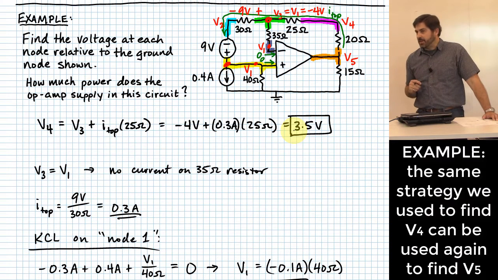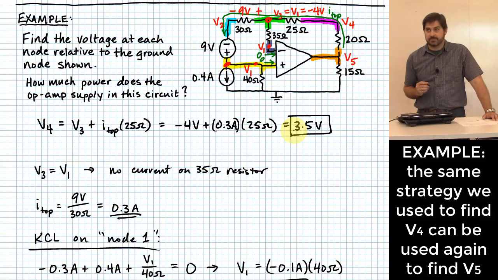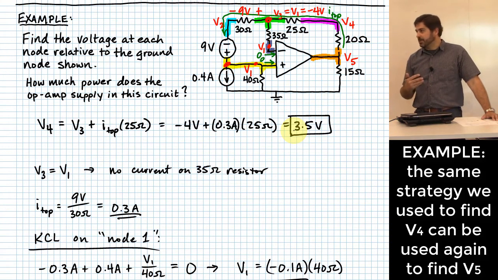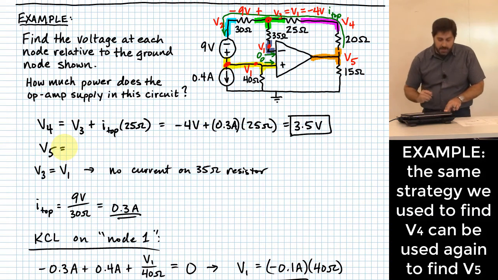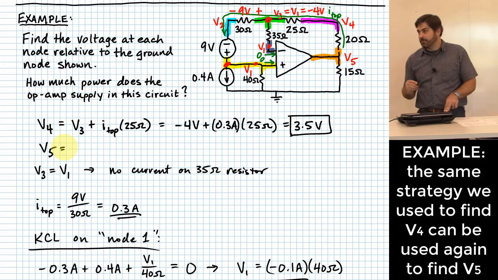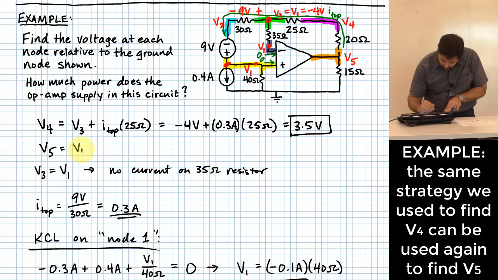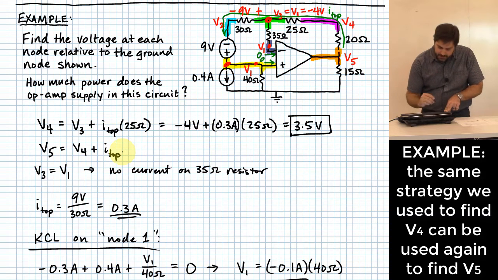All right, now because I did that one right there, what's your advice on how to find V5? Is there a reason to do anything different? Not really in terms of concept, right? We have a couple different values in there, but the concept really can be the same. V5 is going to be, help me write this, what do we have for V5? V4 plus I top, for that current flowing through that top path up there, times what?